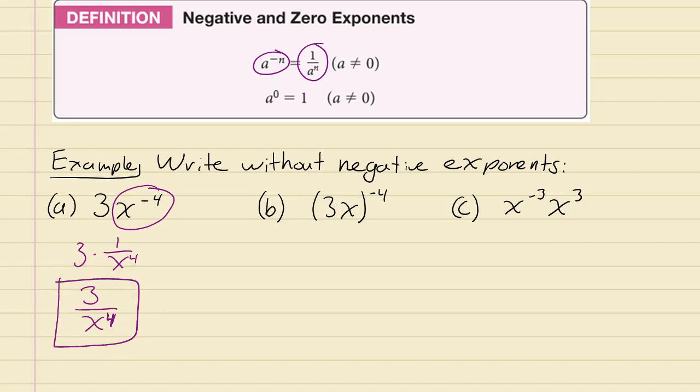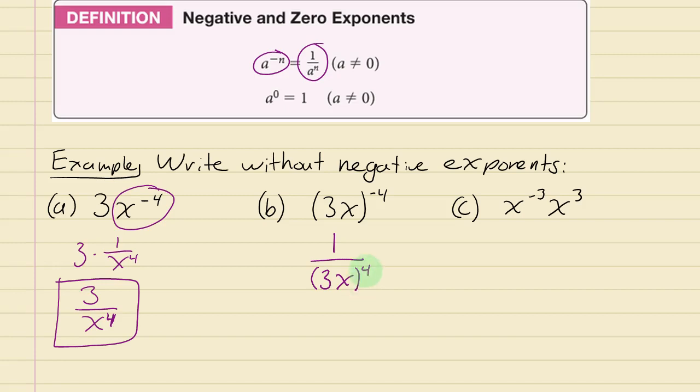This time, the base of the -4 exponent is the entire 3x thing. So it's like the a in the definition here is now 3x, not just x. So this one's going to turn into 1 over 3x to the 4th power. And you could just leave it like that.